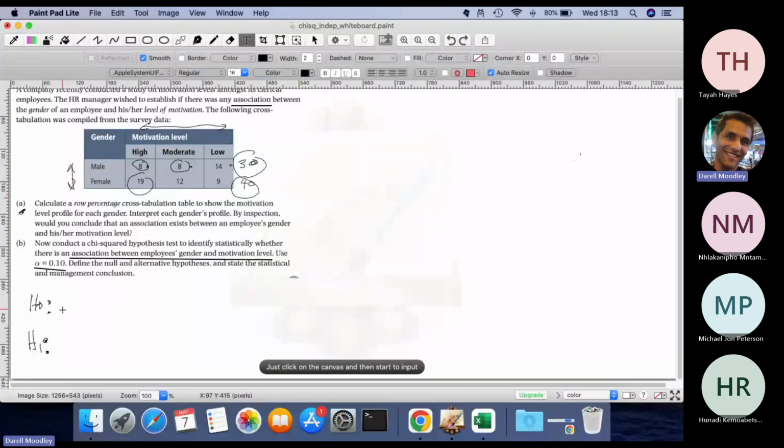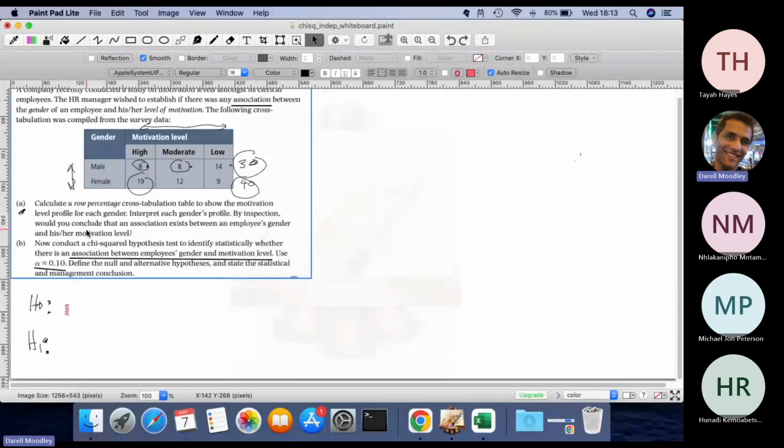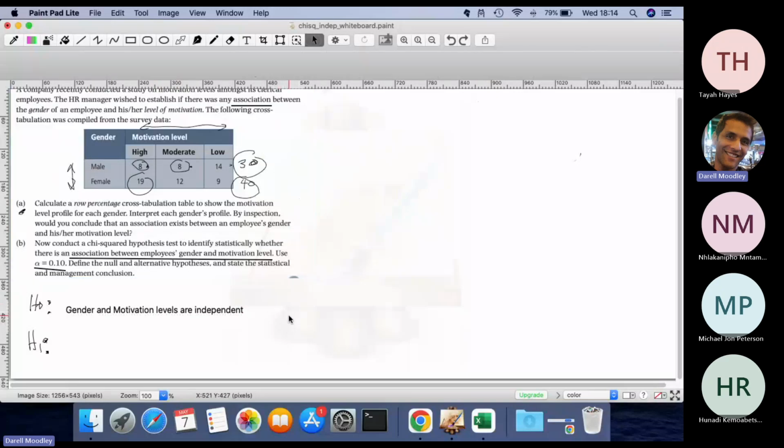Your H0 will always be that your variables are independent. So in other words, our variables are gender and motivation levels. So here H0 is gender and motivation levels are independent. Always remember that. Your H0 will always be the statement that they are independent, and H1 will be the opposite.